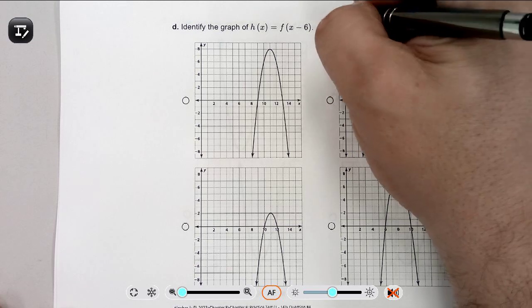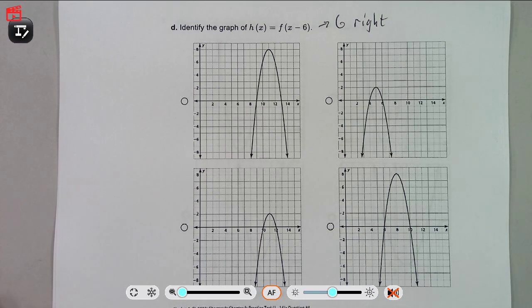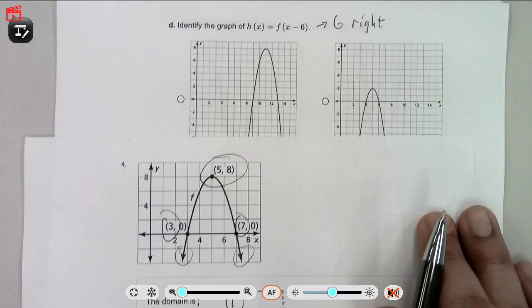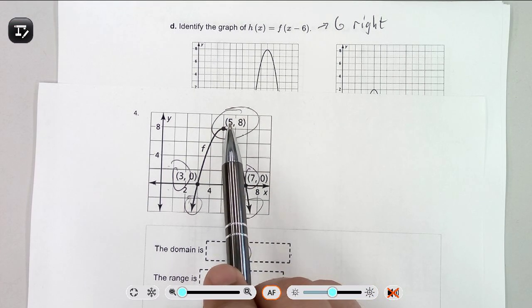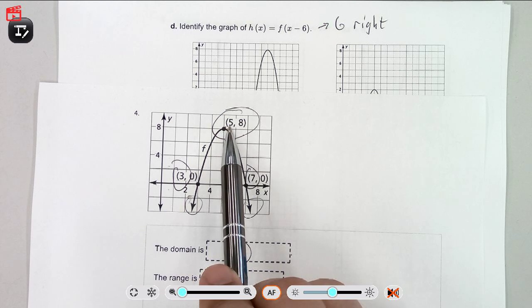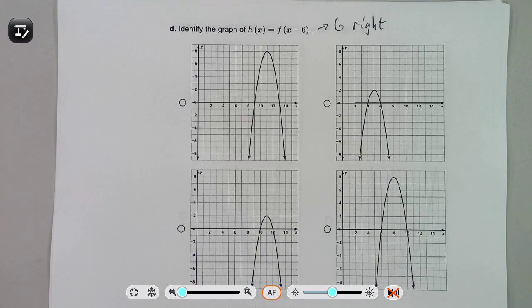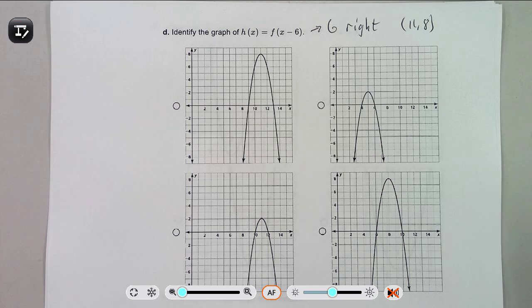The easiest way to do this is just to move the vertex. So 5, 8, if I move this 6 to the right, I add 6 to the 5, and that's 11. So whichever one has a vertex of 11, 8 is going to be our answer.